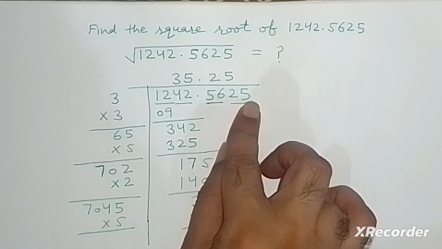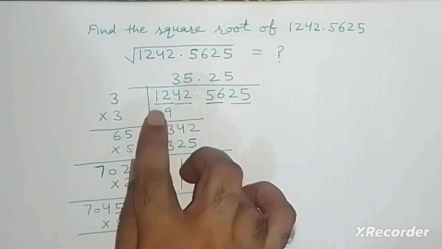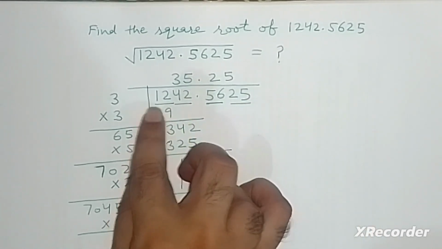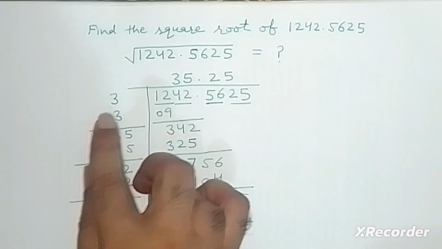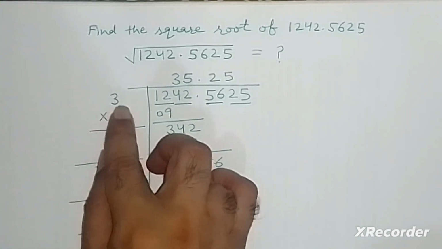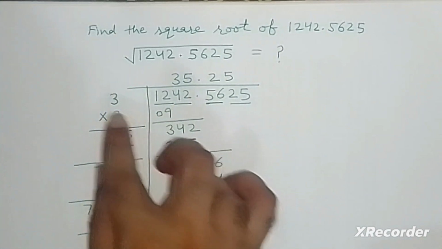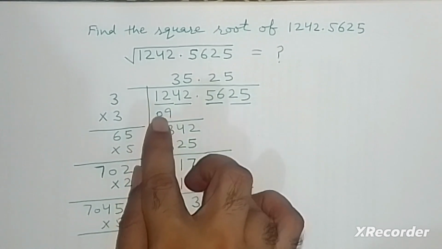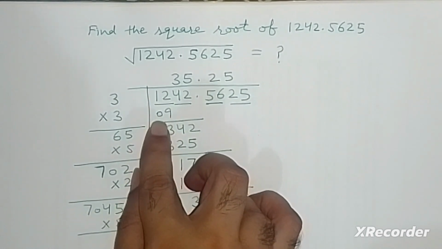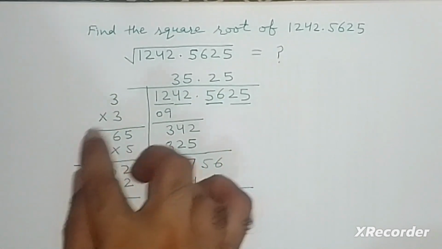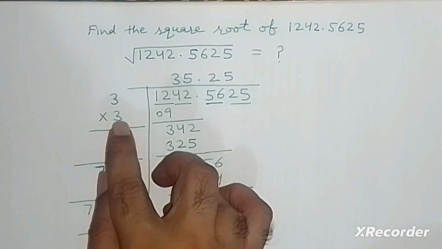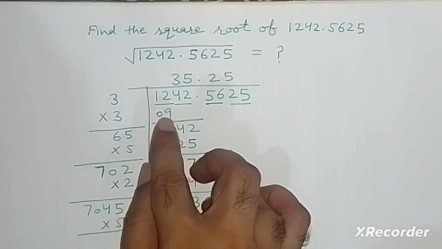Now let us solve it using the long division method. First of all, take the first pair, that is 12. We put 3 into 3 below 12, because if we put 4 into 4, it comes to 16.